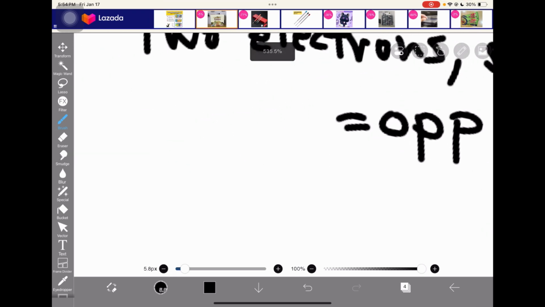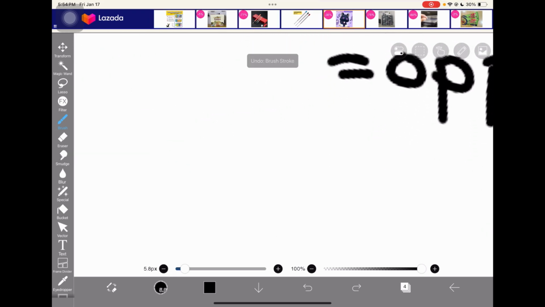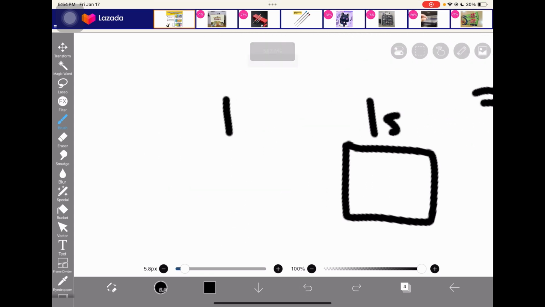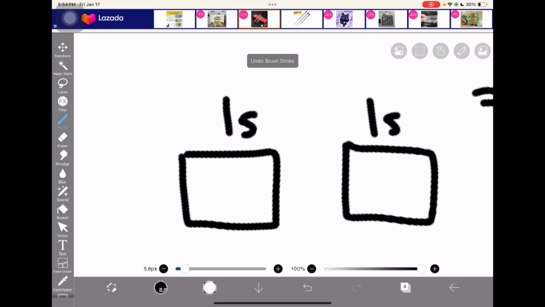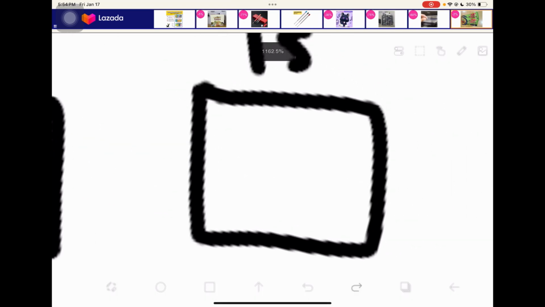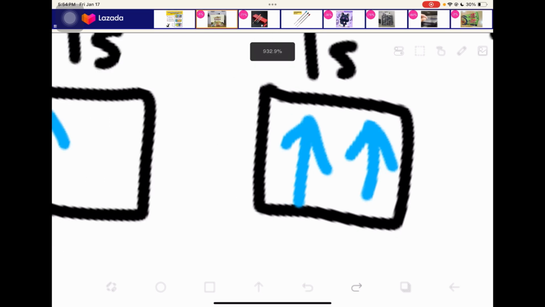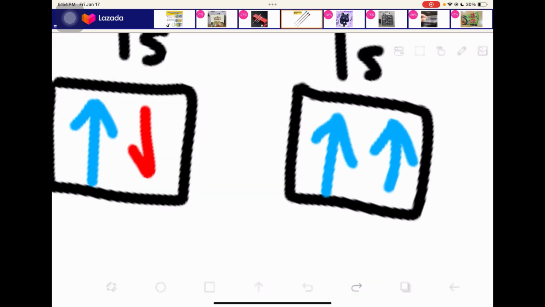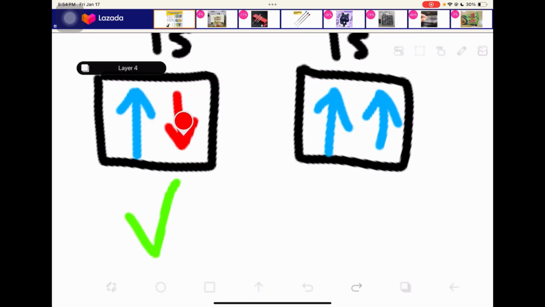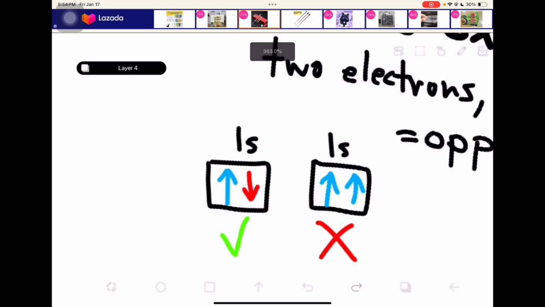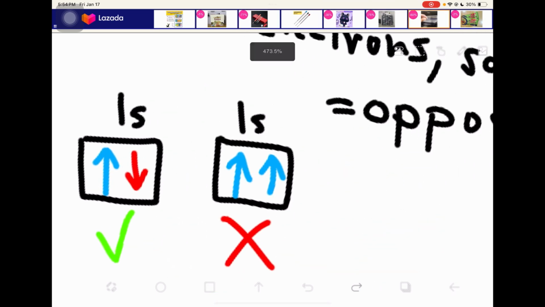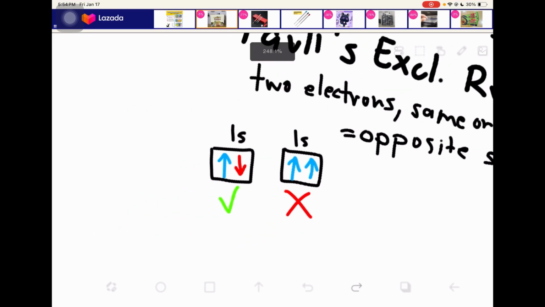So let's take our, once again, 1s. And let's do a right and wrong. So this would be a correct example, and this would be a wrong example. So right there. This is the correct example, and this is the incorrect example. As you can see, I drew the electrons here, and they have to have opposite spins, and not like this where they have the same spin.